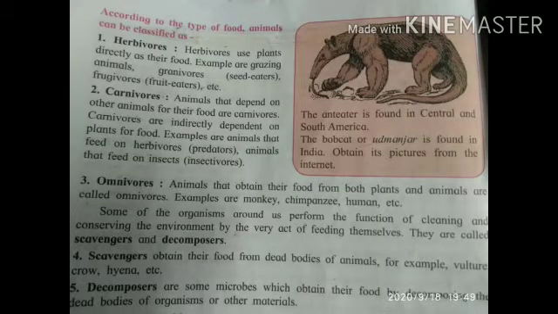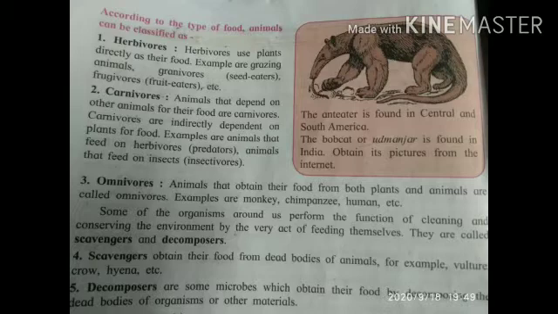As we see in this picture, the anteater is found in Central and South America. The bobcat is found in India. Now, omnivorous. Omnivorous animals feed on both plants and animals. For example, monkey, human being, etc. Next is scavengers.